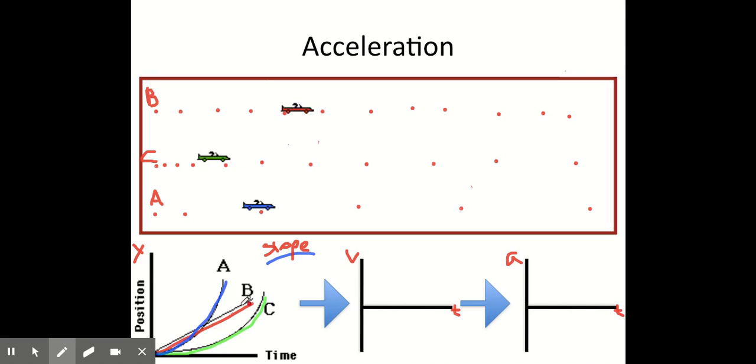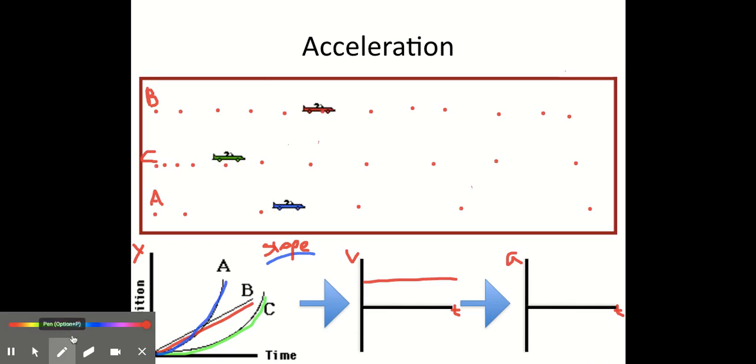Okay, so let's just look at B. All right, B, does it have a slope? The answer is yes. Is it positive or negative? Positive, and it's constant. So we're going to come over here and we're going to give it a nice constant value of, let's just say 1 or 2 or whatever we want to call it. Okay? Now, let's look at A.